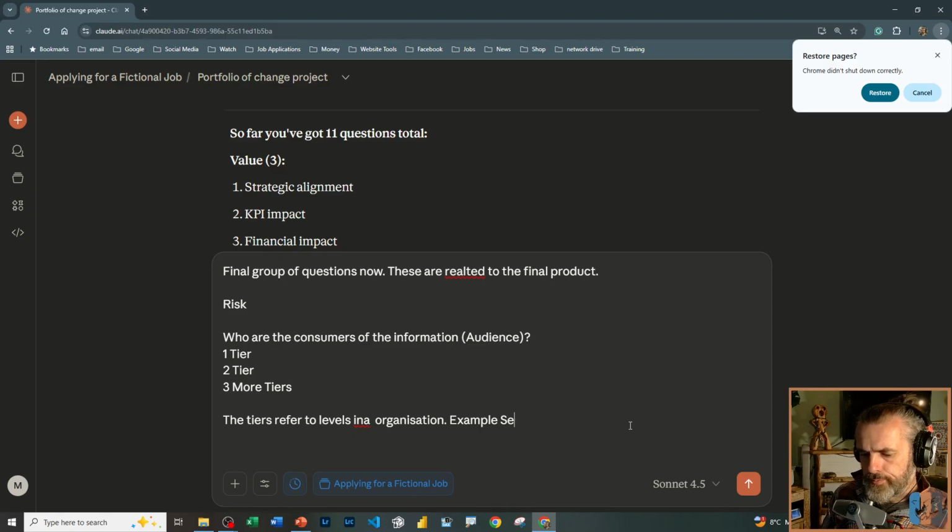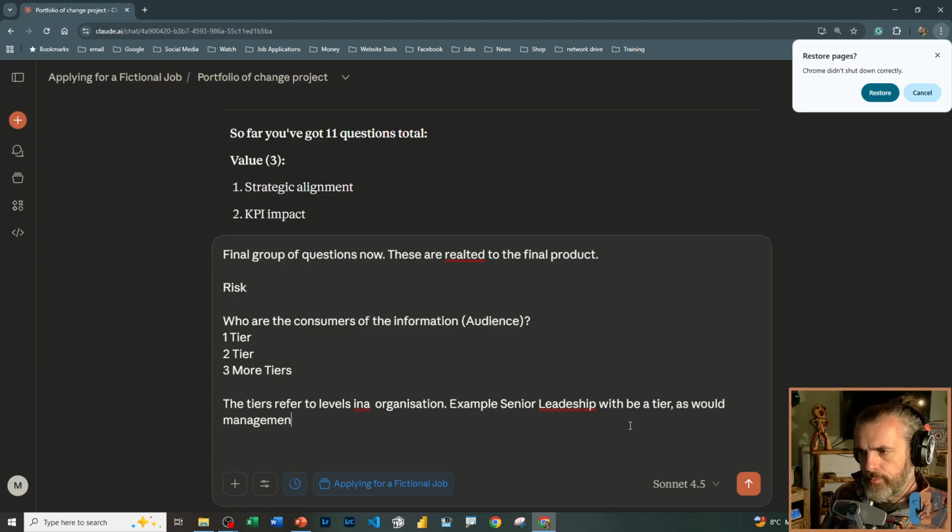Example, senior leadership would be a tier, as would management and operators. Maybe we can reword this one to make it a bit more clear what we're asking.